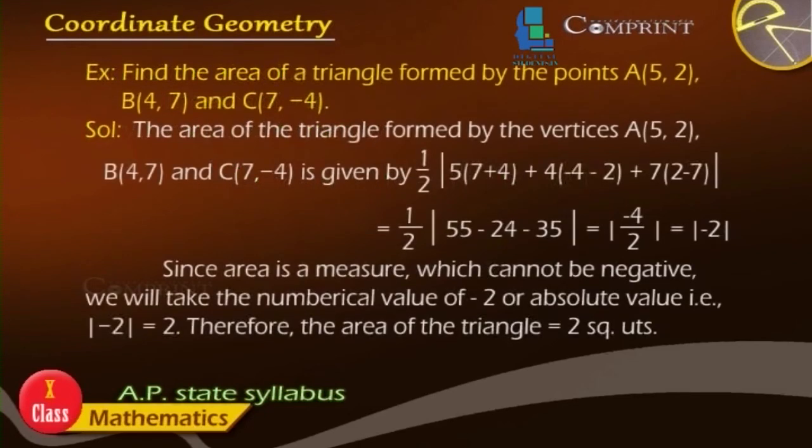Example. Find the area of the triangle formed by the points A (5, 2), B (4, 7) and C (7, -4). Solution.